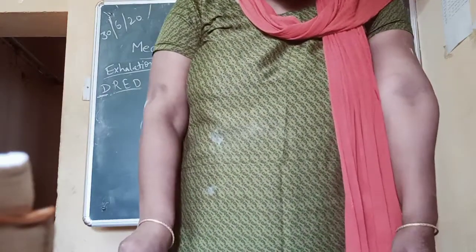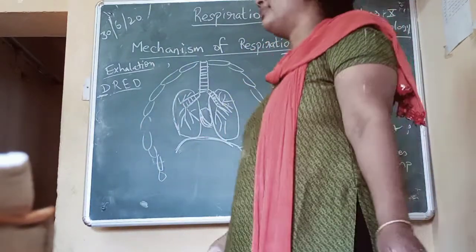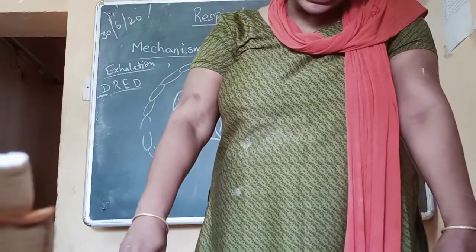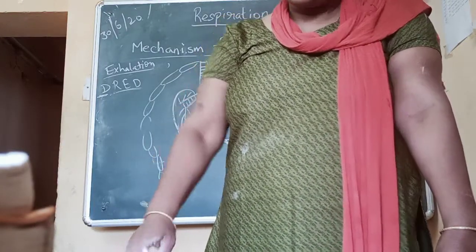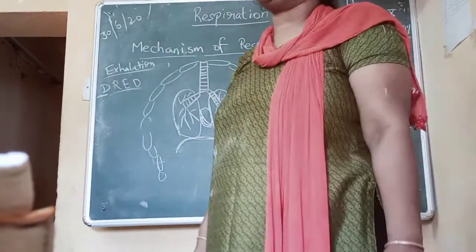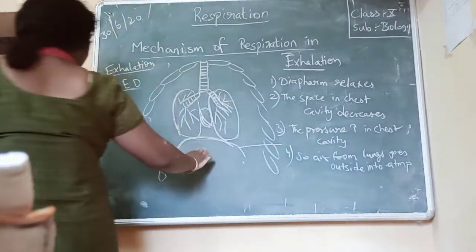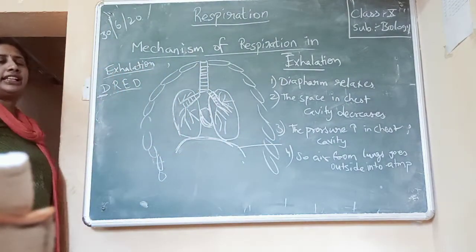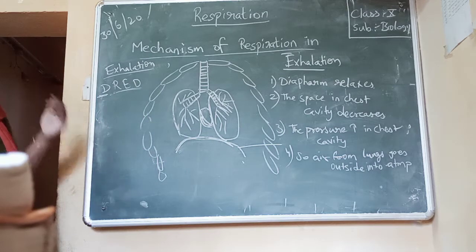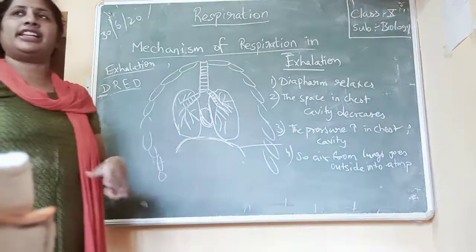When the diaphragm contracts during inhalation, the dome moves a little downwards. So the space in the chest cavity is increasing, and increasing means the pressure is decreasing.